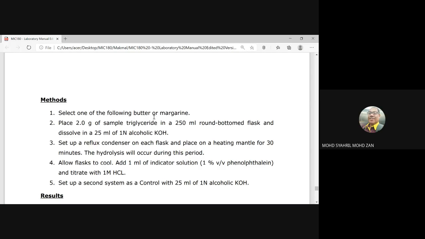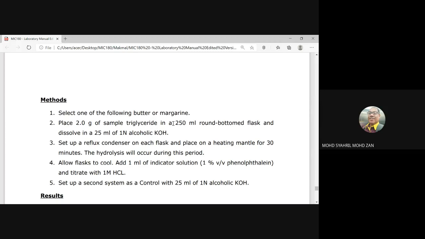So pilih mana satu; when we choose, it is known as the triglyceride. Then put it inside a 250 ml round bottom flask and dissolve in 25 ml of 1N alcoholic potassium hydroxide. So from here you have to know the weights. So this is your weight.